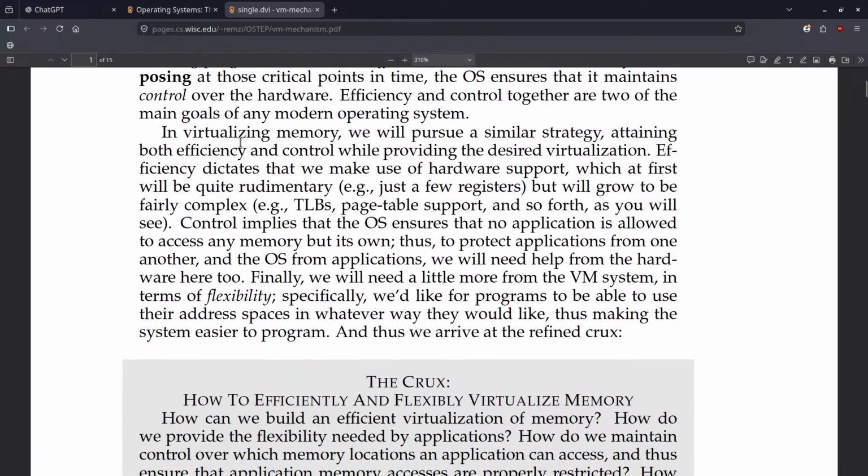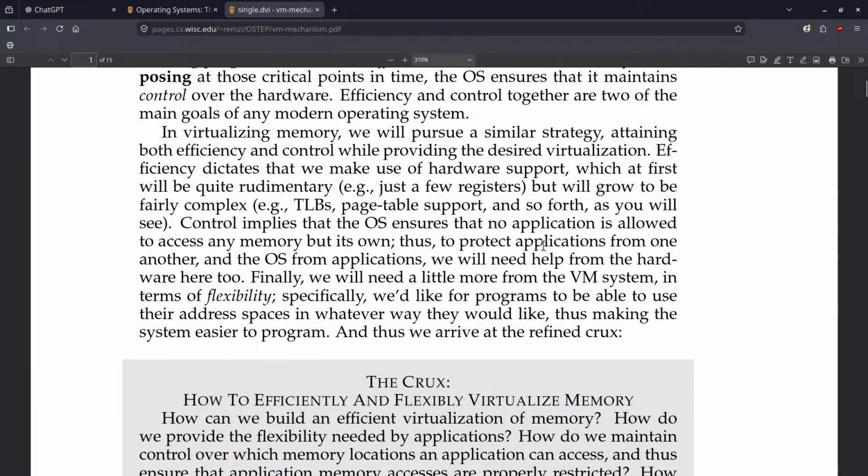In virtualizing memory, we will pursue a similar strategy, attaining both efficiency and control while providing the desired virtualization. Efficiency dictates that we make use of hardware support, which at first will be quite rudimentary, just a few registers. Control implies that the operating system ensures that no application is allowed to access any memory but its own.